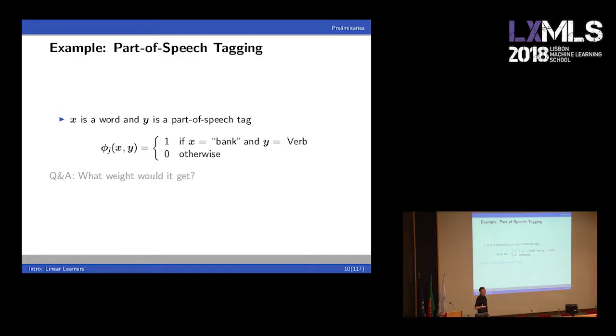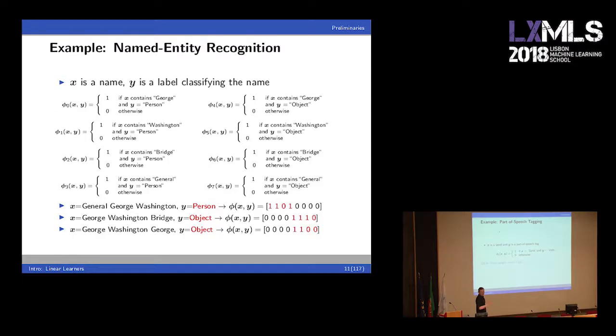But definitely not a high positive weight, because bank normally is not a verb but a noun, right? But it has this meaning, and we will talk about it later. In some data sets that are used in natural language processing, bank never appears in this meaning verb. So you will have a data sparsity problem, an overfitting problem to this particular data set, and you have to do something about it.